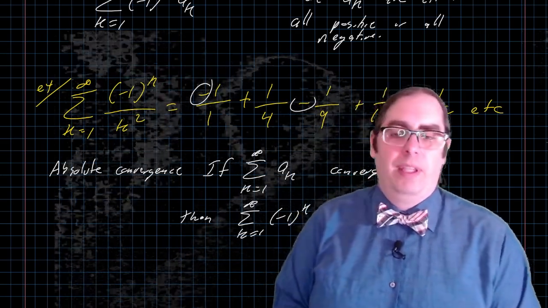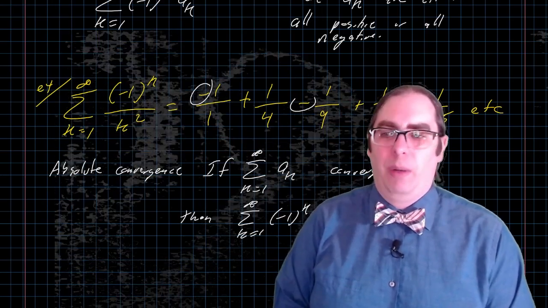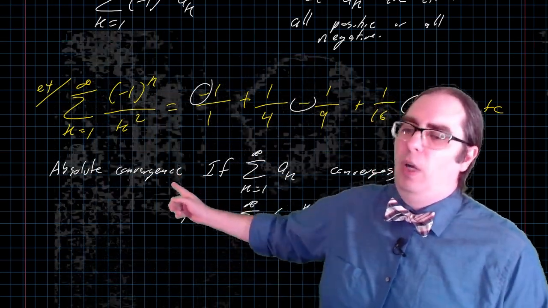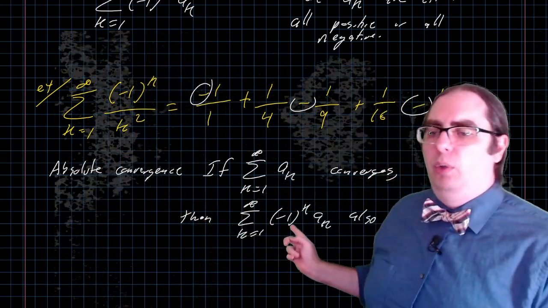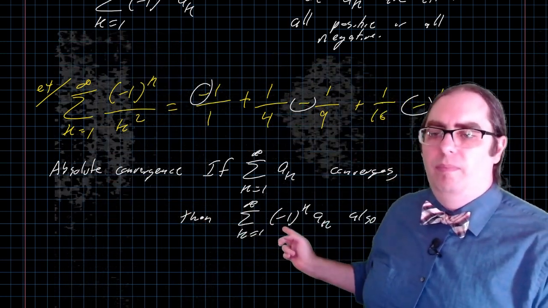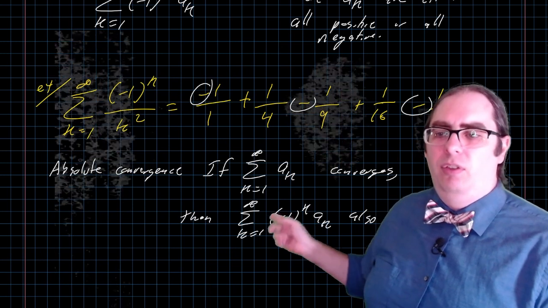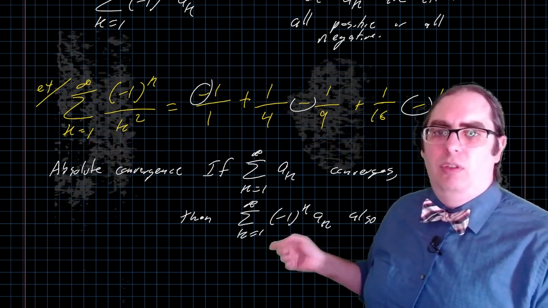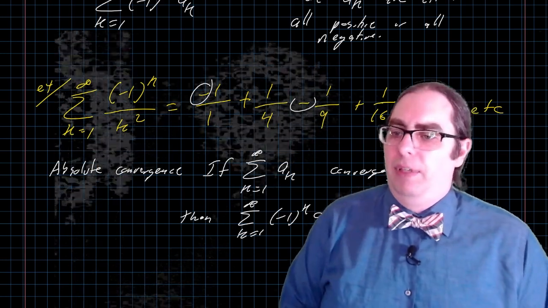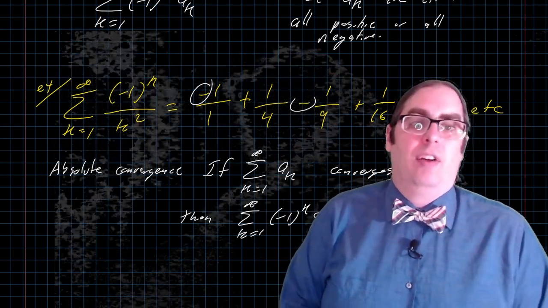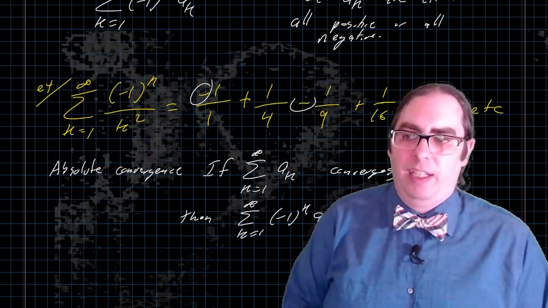Finally, something that I'm somewhat ashamed to admit, when I was a student, I could not understand why we called this absolute convergence. Well, what did I do going between these two? In my alternating series, I dropped the negative sign so that either everything stayed positive or everything stayed negative.